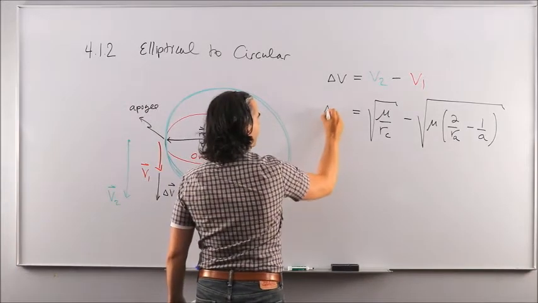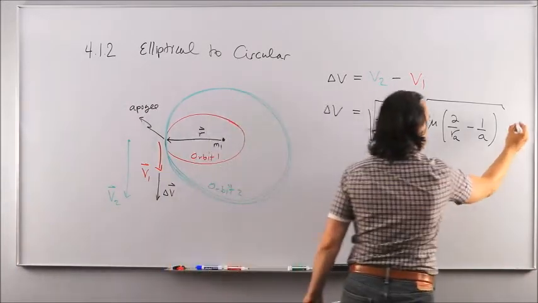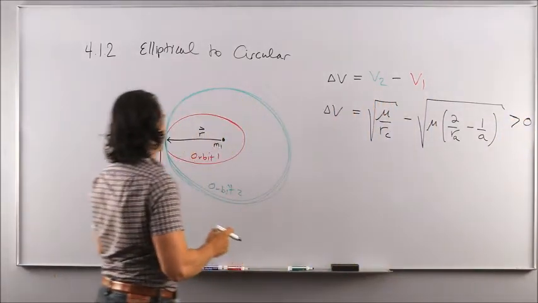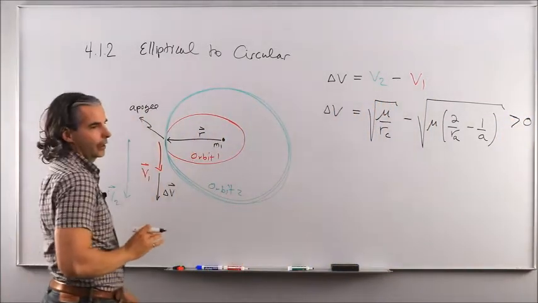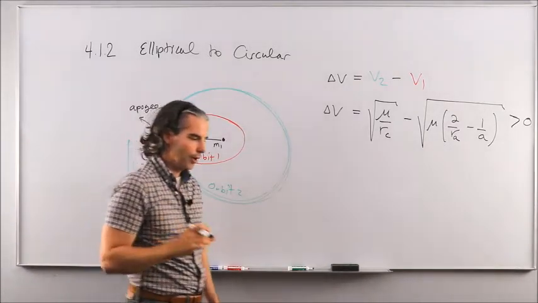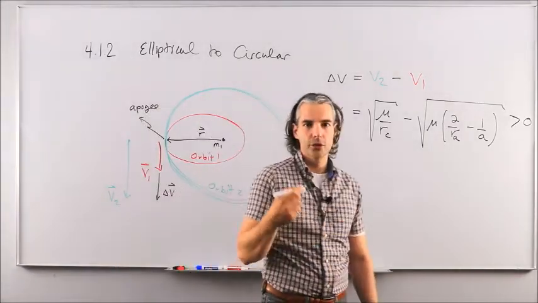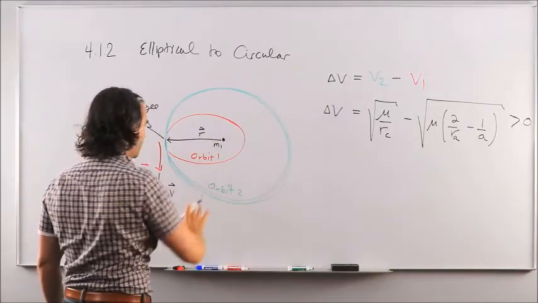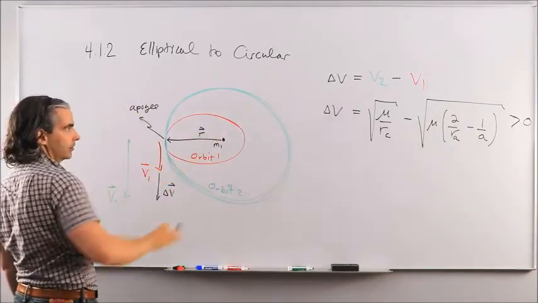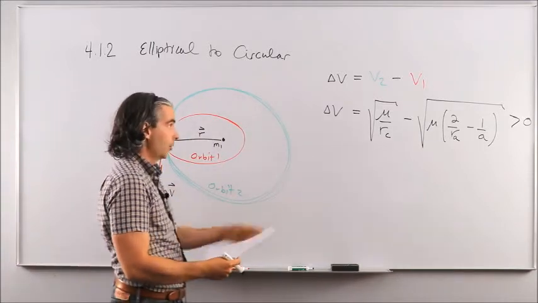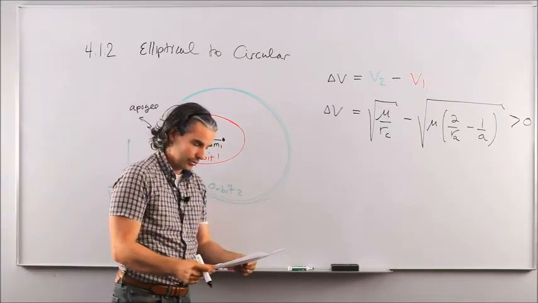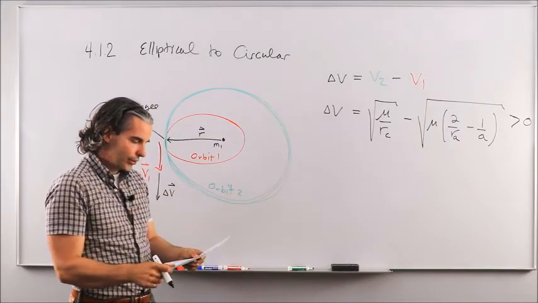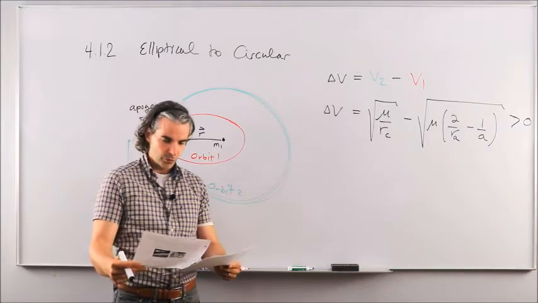So you see, it is very simple. All you need to do is pay attention to what is given to you in terms of the problem and draw it, okay? I cannot emphasize that enough. If you don't draw the initial and the final orbit and don't label all the variables at play, you're going to get this wrong. Okay, so although the equations I'm giving you are in the lecture notes, you never have to go back to those to figure out, okay, circular to elliptical, that was section 4.1.1.